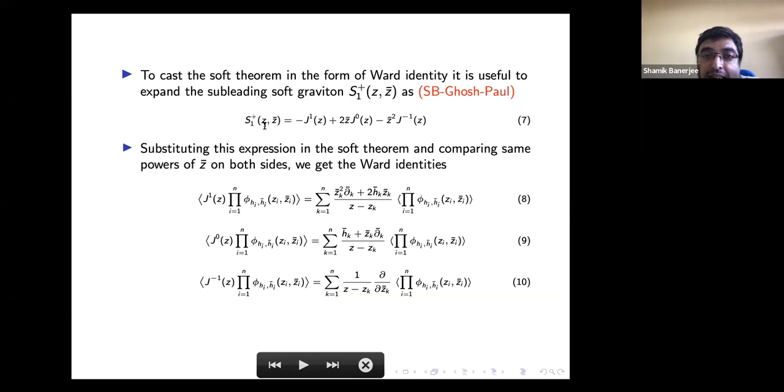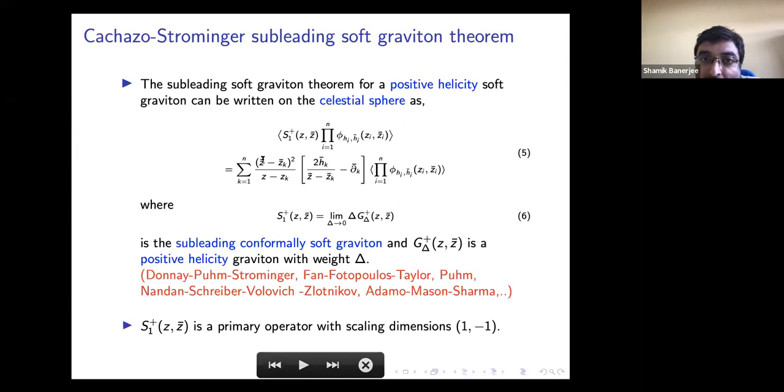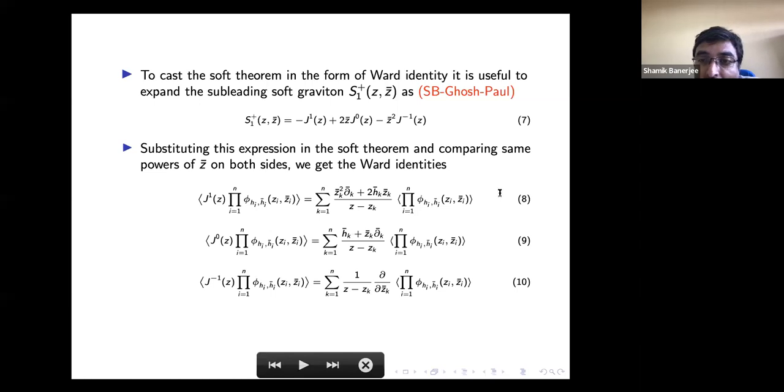So we write S1 plus ZZ bar, expanding in powers of Z bar. The first term is J1Z, then the coefficient of Z bar is J0, and of Z bar squared is J minus 1Z. If I substitute this expansion in equation 5, the subleading soft graviton theorem, I get equations 8, 9, and 10: the correlation function of J1Z with a bunch of phi's, similarly for J0Z and J minus 1Z.